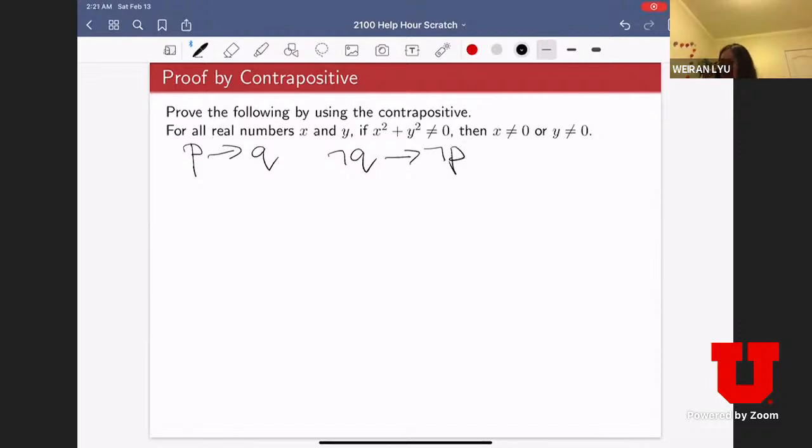All right, so anyone want to say what's the contrapositive of this statement? Contrapositive would be there exist real numbers x and y, if x squared plus y squared equals 0, then x equals 0 and y equals 0.